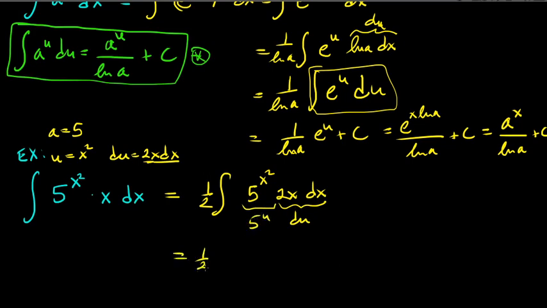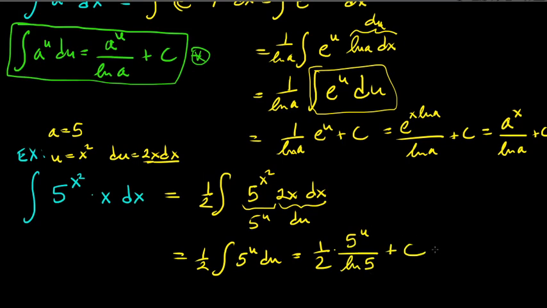So we just get 1/2 the integral of 5 to the u du, and the integral of a to the u is a to the u, so 5 to the u, but divided by natural log of a, which is 5, plus c.